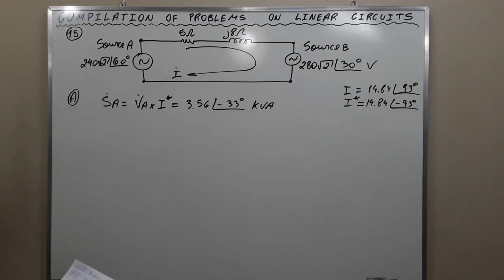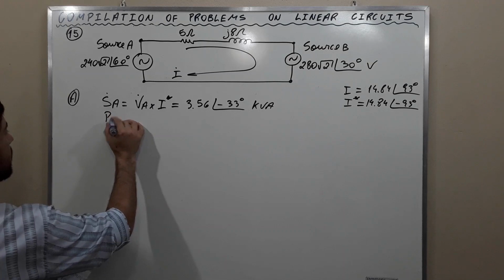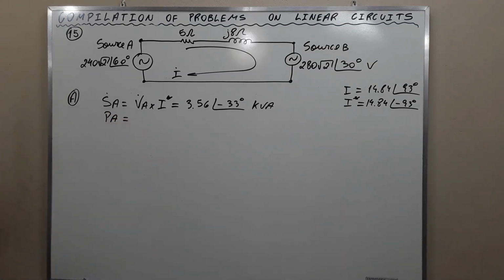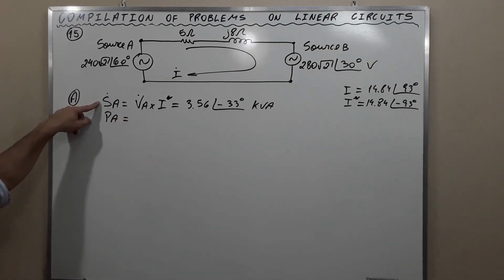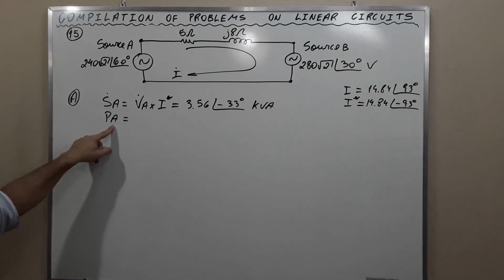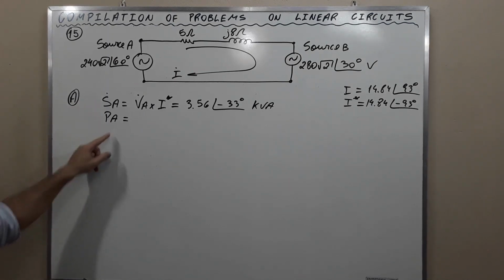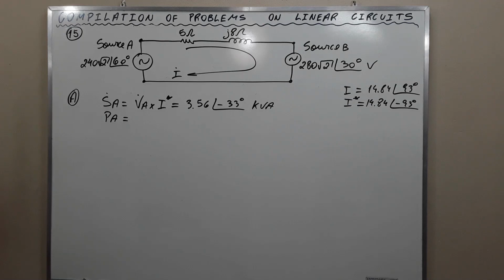All right. And how about the real power, or if you prefer, some people like to call it active power. How about the real power, PA, without the dot, okay? This is a complex quantity, and this is not. This is a scalar, a real number. I want to make a real number.